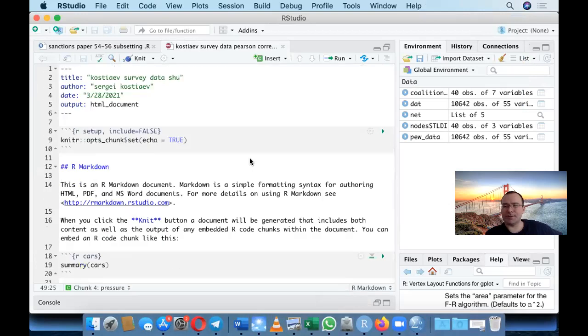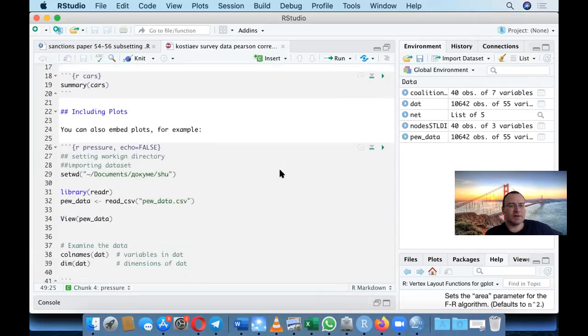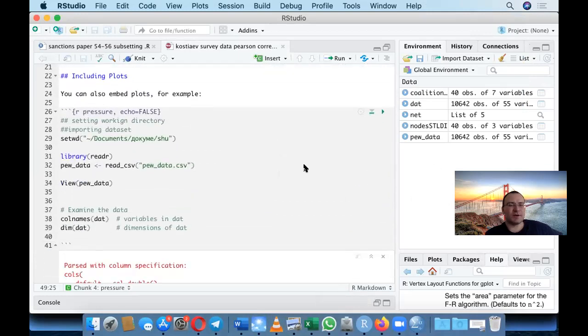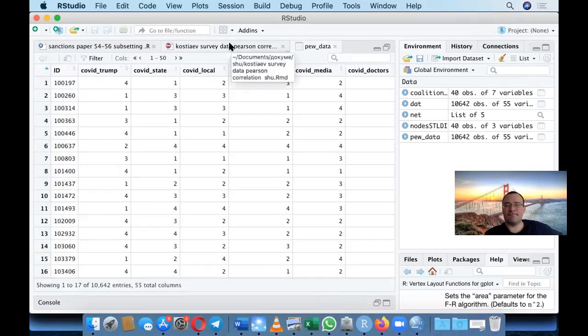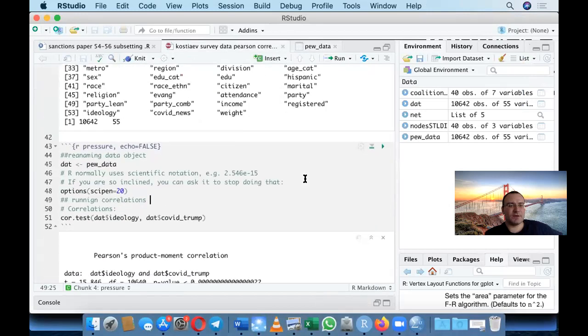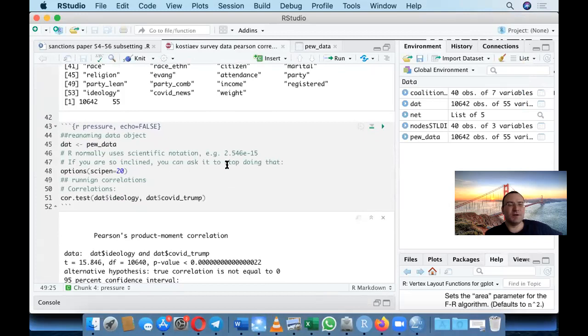I have posted it in the content section. What you do is run this code to import your data. And then you run this code to do correlation.